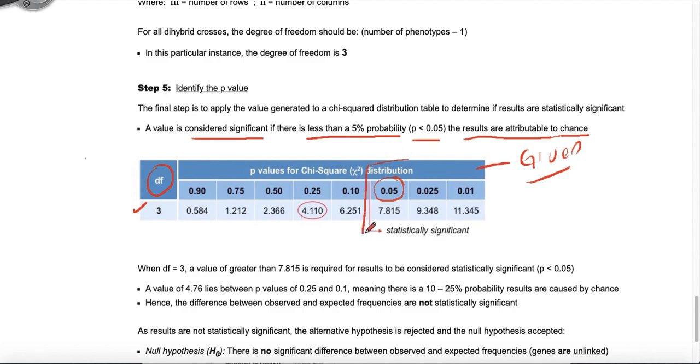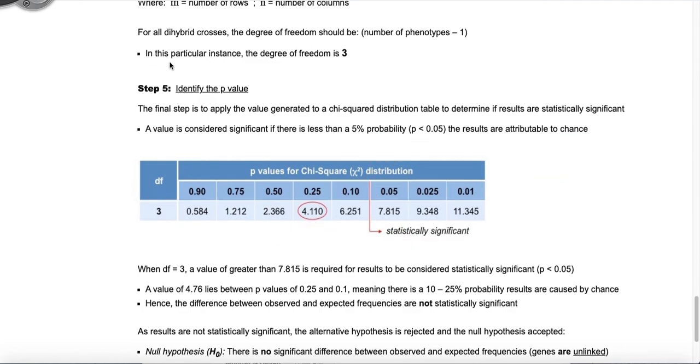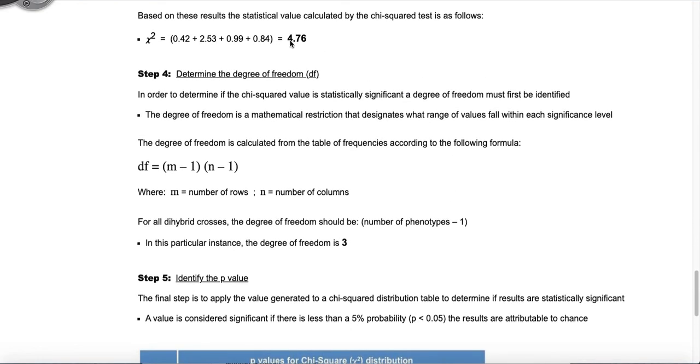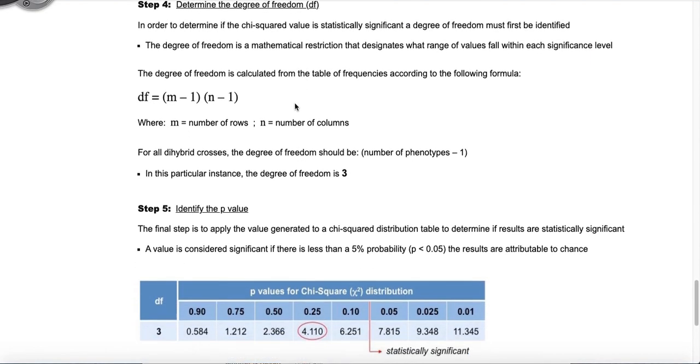And we are going to focus on any number that falls below 7.815 is not statistically significant. Not statistically significant. And any number that falls greater than 7.815 is statistically significant. So in our calculation, we got a chi-square value of 4.76.